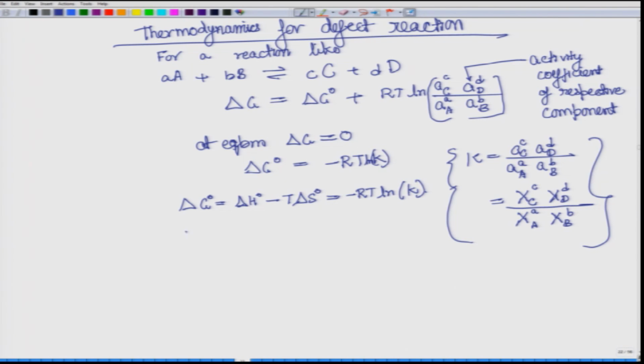Or in other words, we have K equal to exp of minus delta G naught divided by RT, because this is a log. So we are taking the exponent on both sides, and hence we get rid of the log term and we get the equation for K.